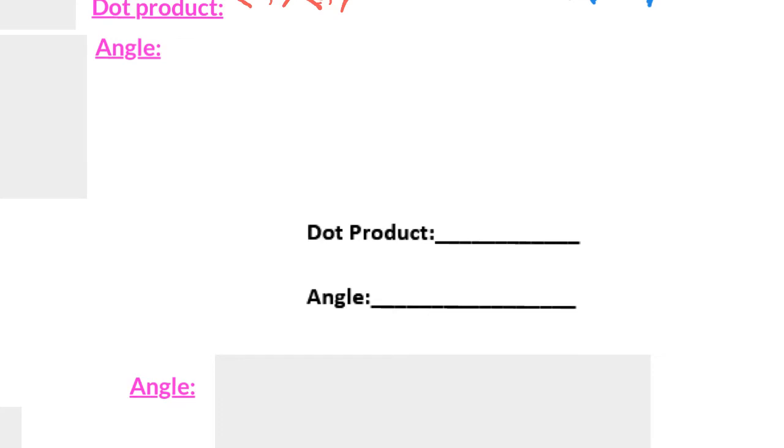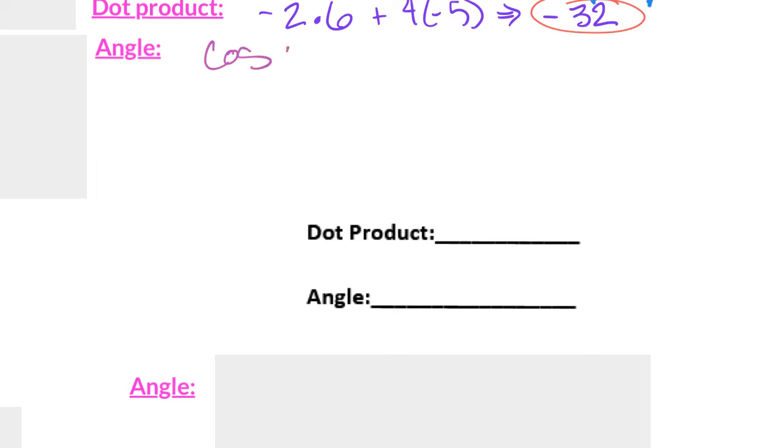Our dot product is going to be -2 times 6 plus 4 times -5, which gets us -12 minus 20, which is -32. All right, and then finding the angle between, we know that cosine of theta is equal to negative 32 divided by the magnitude of each vector.